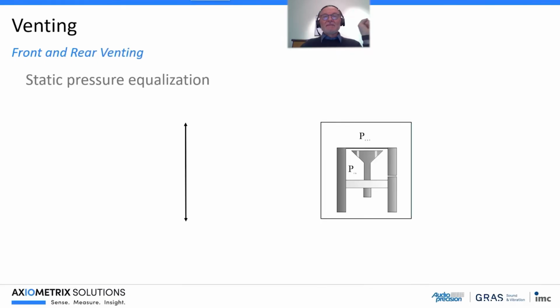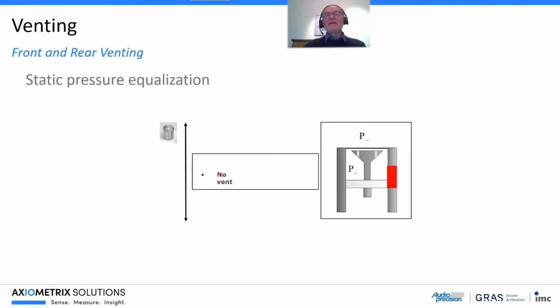What happens if we plug the venting hole on a microphone? Let's plug the hole, it's done now, and then let's move the microphone up and down 1 meter. If we have no venting of the microphone, this 1 meter distance will give us a difference in atmospheric pressure of 0.033 millibar, equal to 3.3 Pascal.